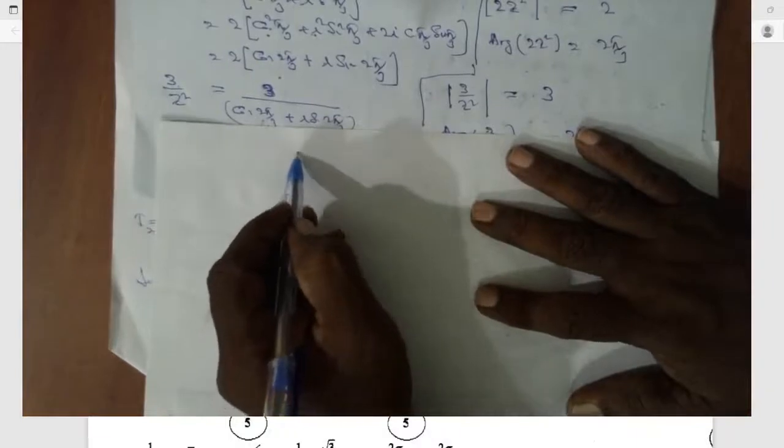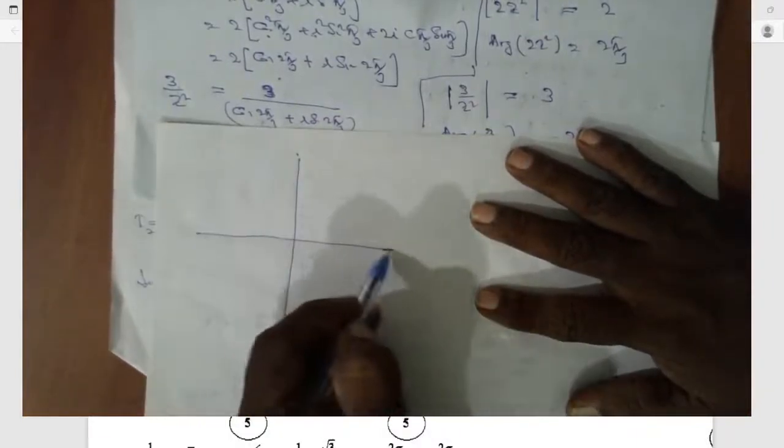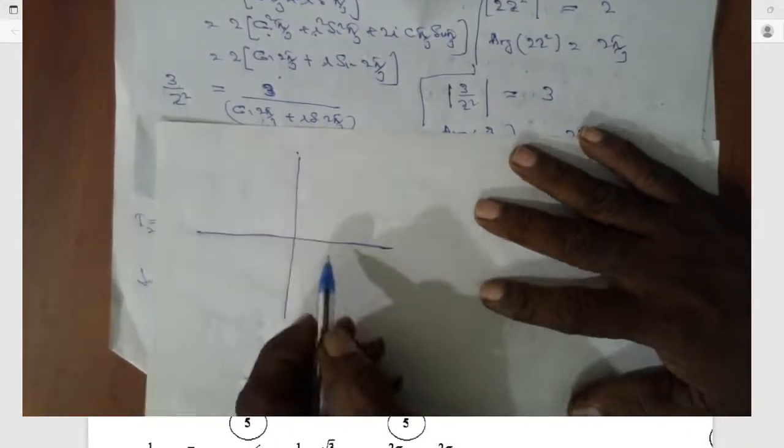If you come to the Argand diagram, c is like this.